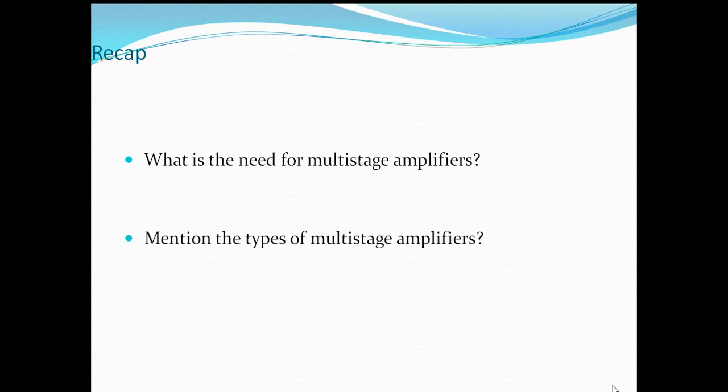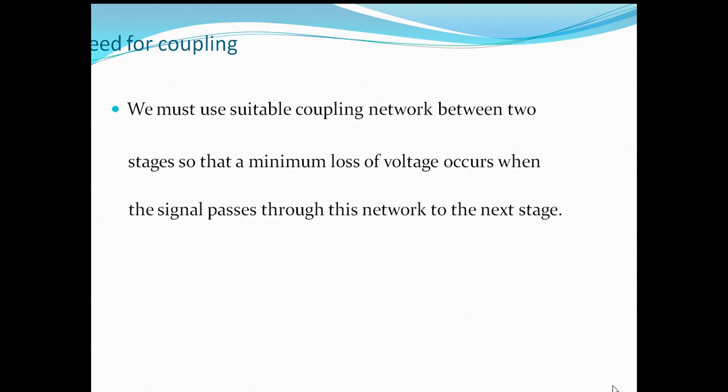applications of the schemes. In the previous class, we discussed what is the need of multi-stage amplifier and the types of multi-stage amplifiers. Here, what is the need of coupling? As in the previous class, briefly we discussed the need of coupling.